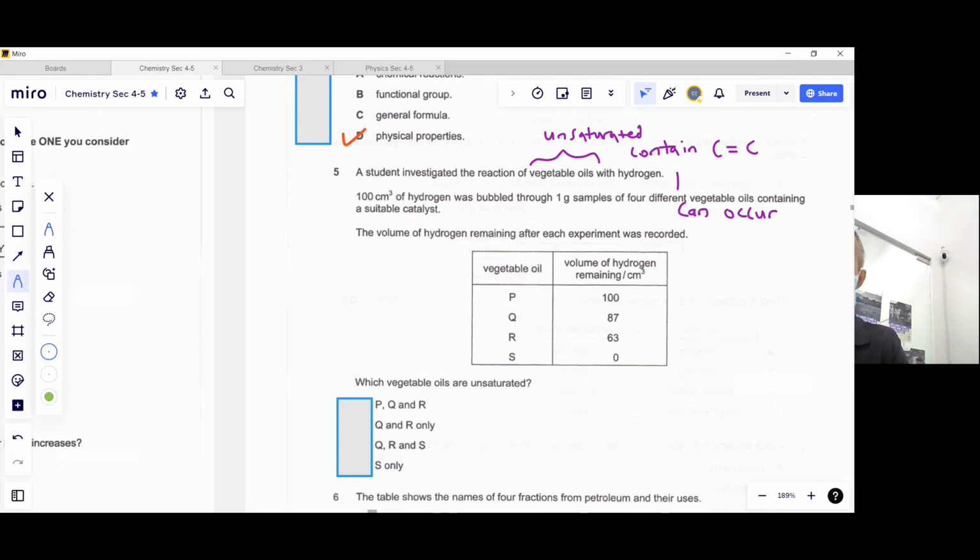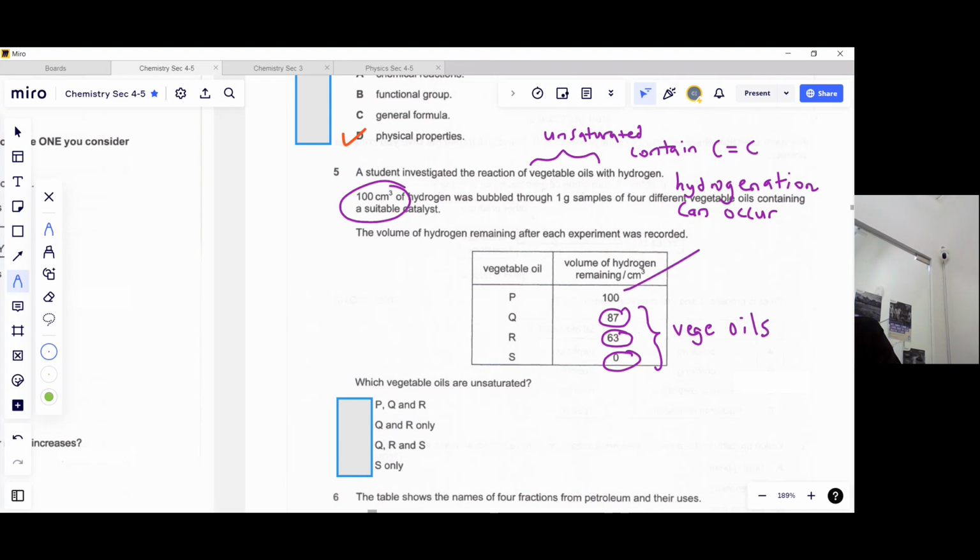That means they can react with hydrogen. You started with 100 cubic centimeters of hydrogen. Of course, at the end, you will not have 100. You have less than 100, so these three are your vegetable oils. This one tells you that H2 is unused, so no hydrogenation has occurred.